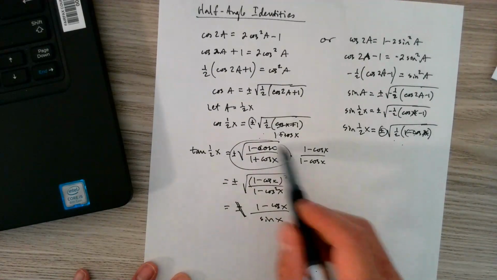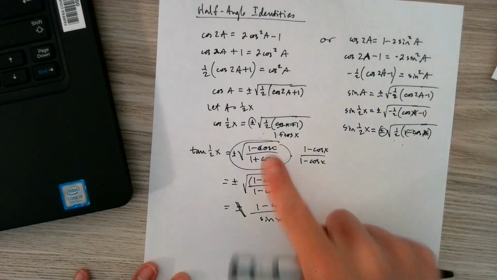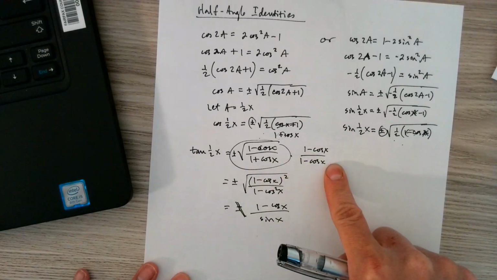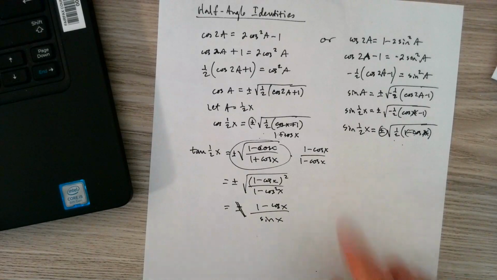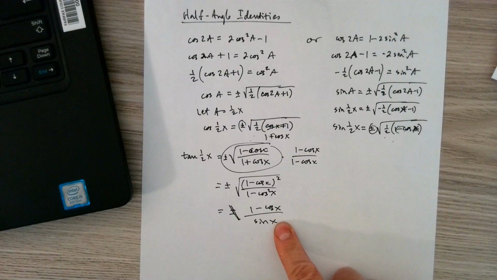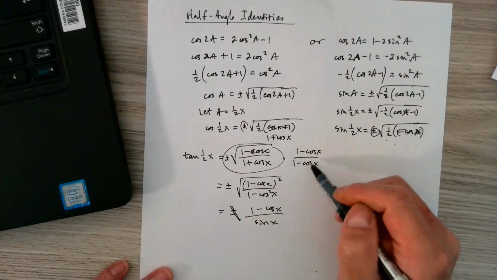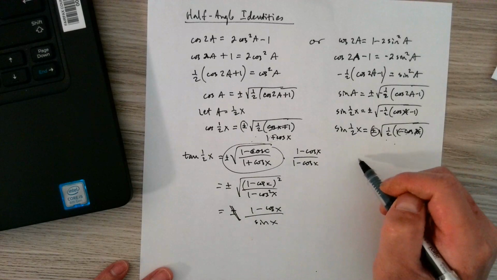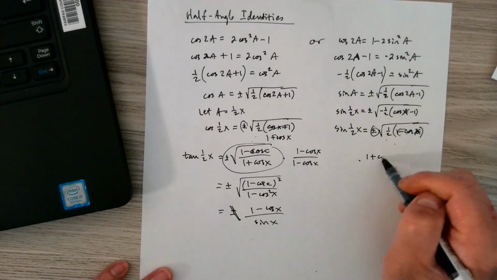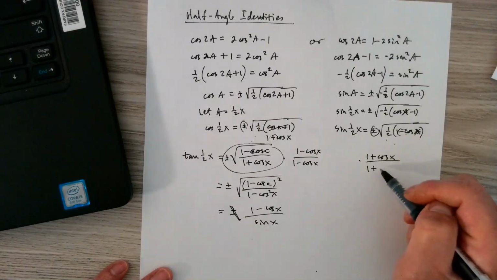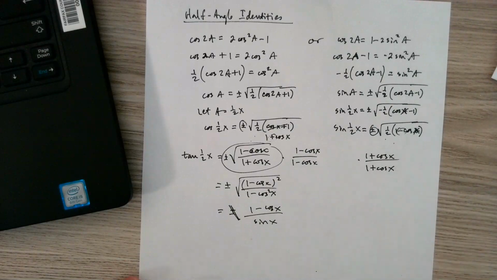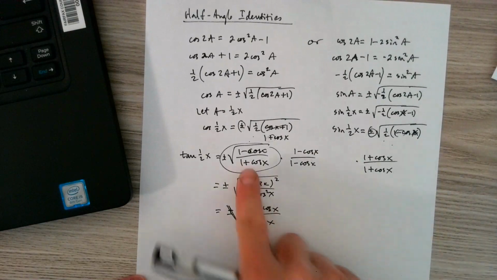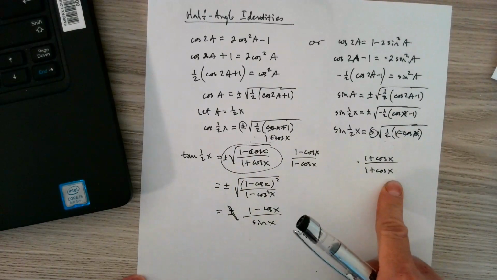Now, again, taking this, I can multiply by something different, not this, to get still another equivalent expression that is just as useful as this one. So instead of multiplying by 1 minus cosine x over 1 minus cosine x, I'm going to rationalize the numerator, not the denominator. Probably never thought someone would say rationalize the numerator, not the denominator, but that's what I'm going to do. So I'm multiplying this fraction by this fraction in the radical.